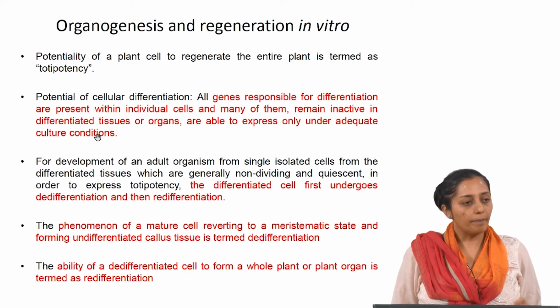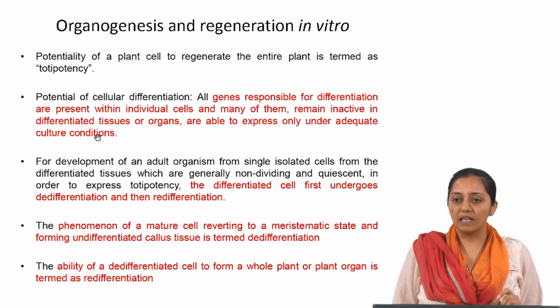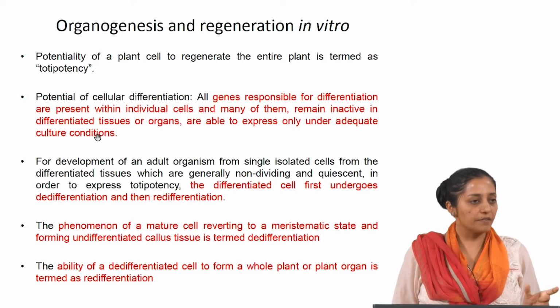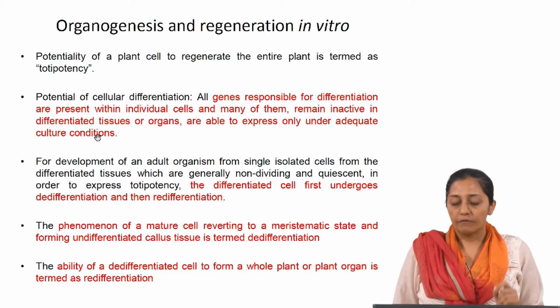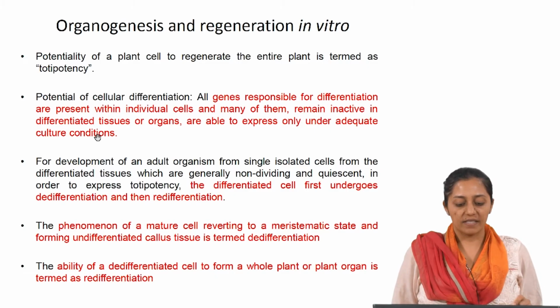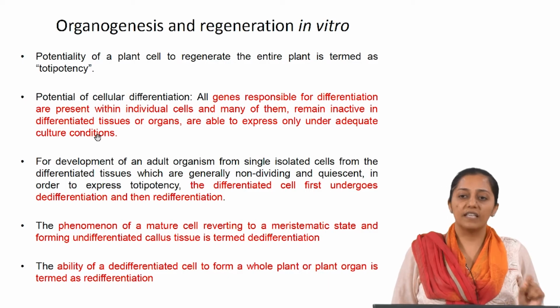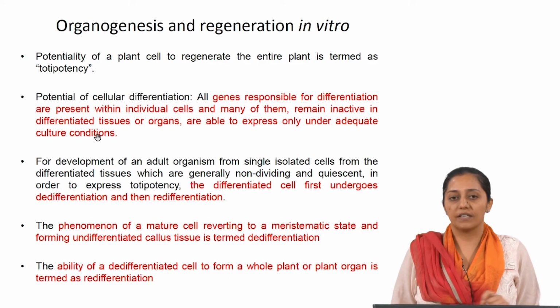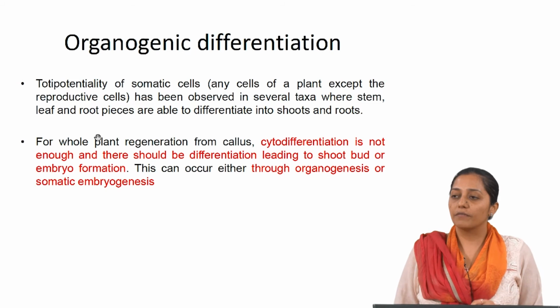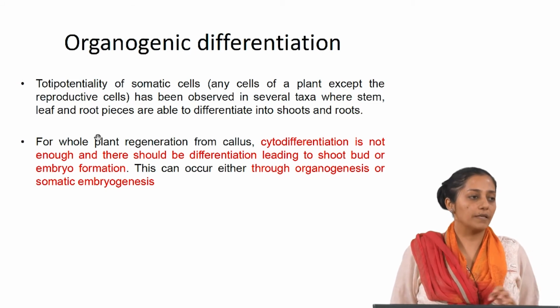Now, for development of an adult organism from single isolated cells from these differentiated tissues, which are generally non-dividing and quiescent cells, the differentiated cell first undergoes dedifferentiation and redifferentiation. When I say cytodifferentiation, one is the formation of vascular bundles.